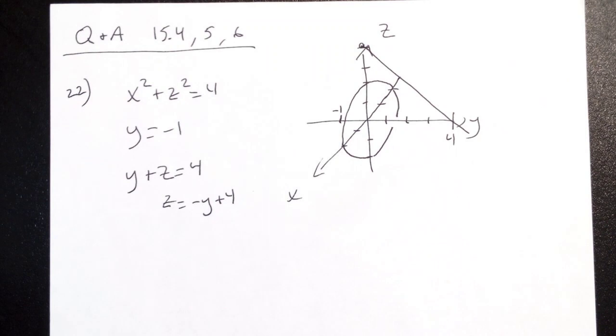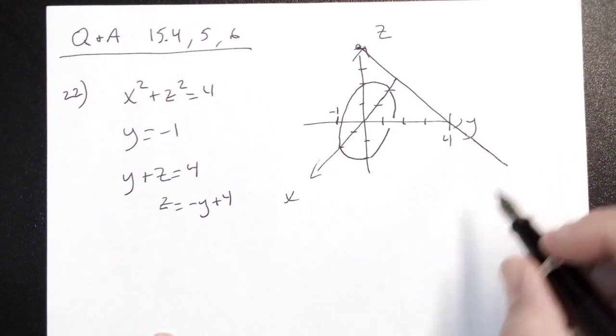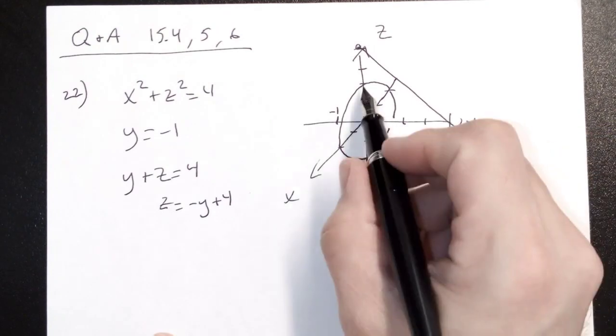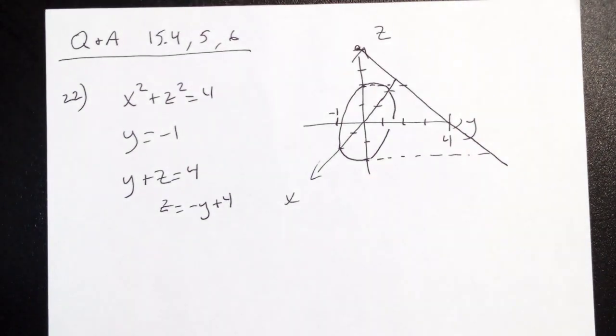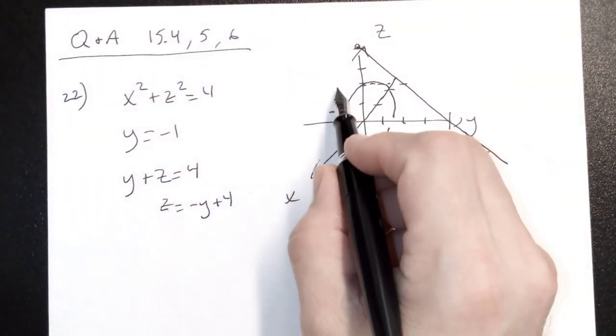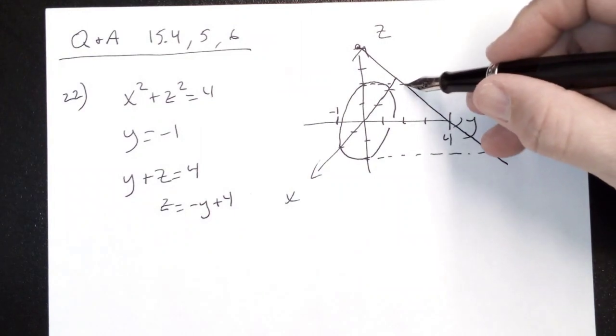So I need you to think about the cylinder. I'm going to try and draw that cutoff. We go out in the y direction, and then we cut off with a plane.